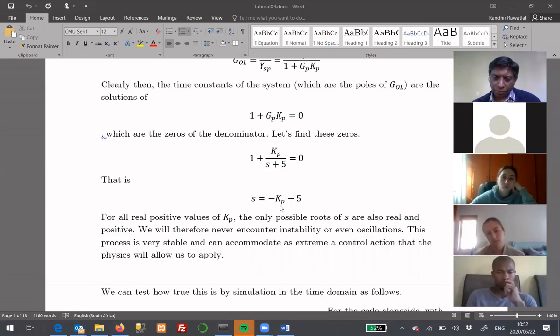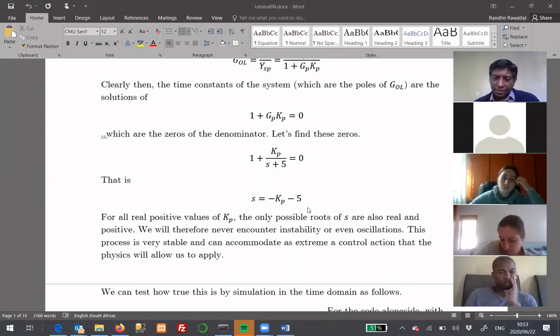in direct proportion to kp. And so as kp becomes larger, s becomes more negative. The largest value of s is when kp is 0, and that's going to be minus 5. So it's a real number and it's negative.